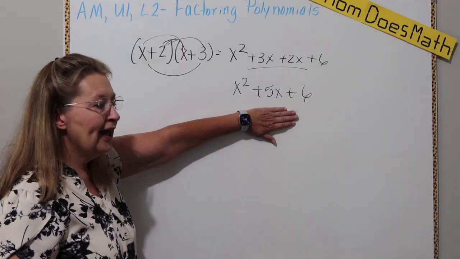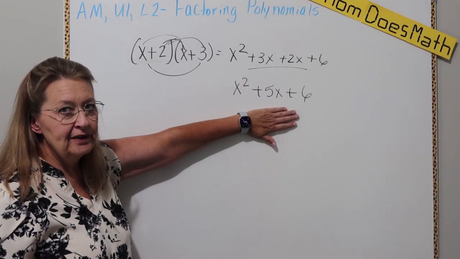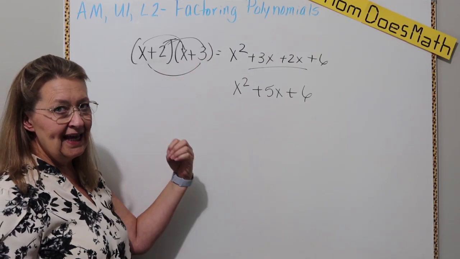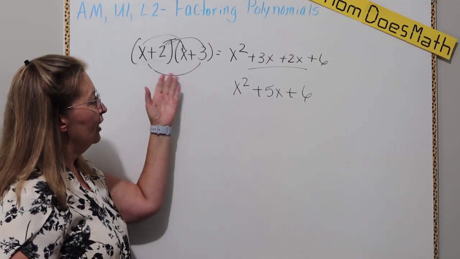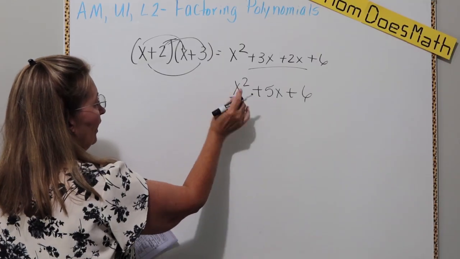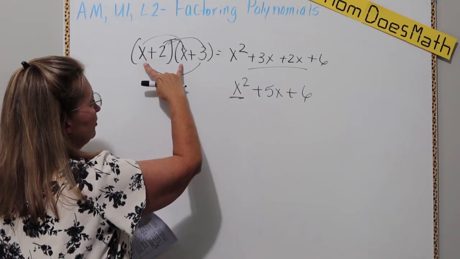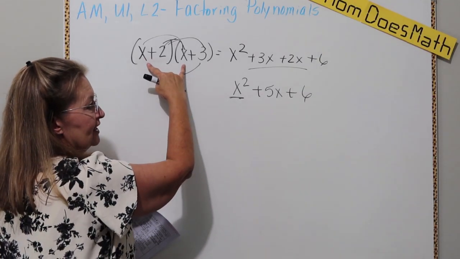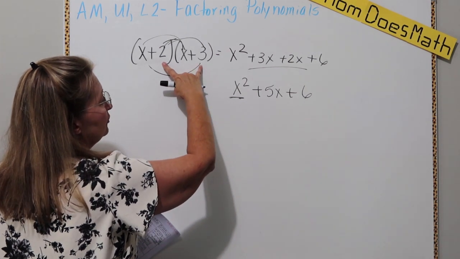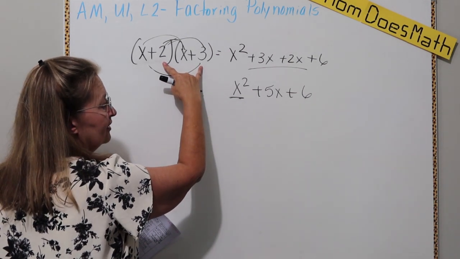So if I have a trinomial and I'm trying to factor it, I'm looking for those two binomials that it came from. And notice some of the relationships here. This first number was achieved by multiplying these two first things together. This last term was equal to the two last numbers multiplied together.